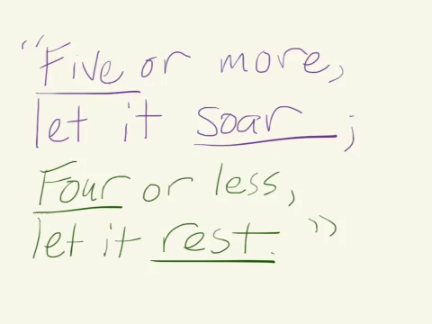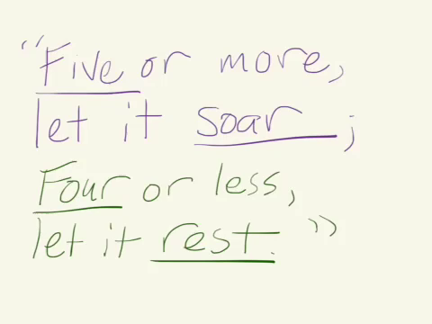And we learned that with decimals, if the 10th place is more than 5, or if it's 5, we let that ones place soar up to the next digit. But if it's 4 or less in the 10th place, we would just let the ones place rest with the whole numbers. Well, this rule kind of relates to fractions and estimating if we think of the 5 as half.